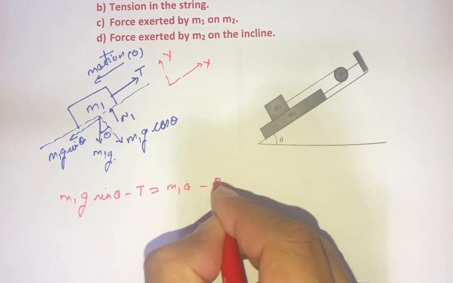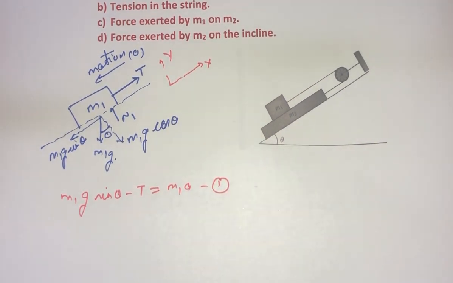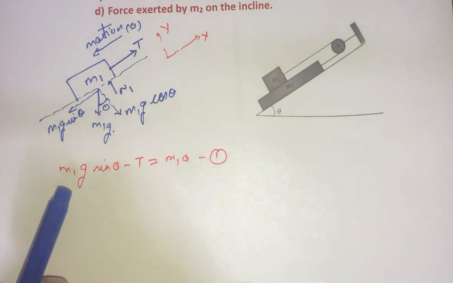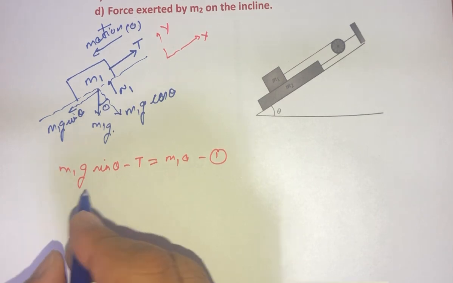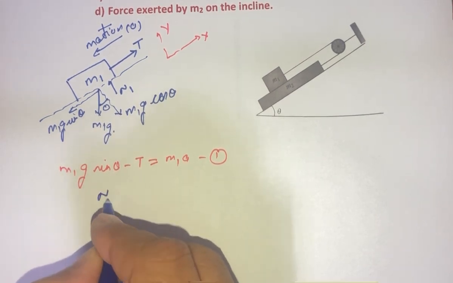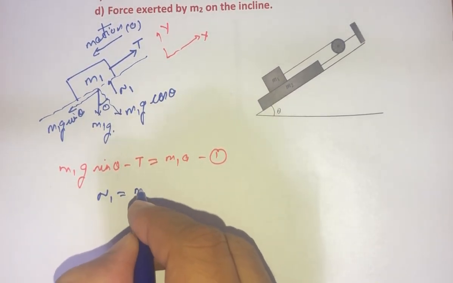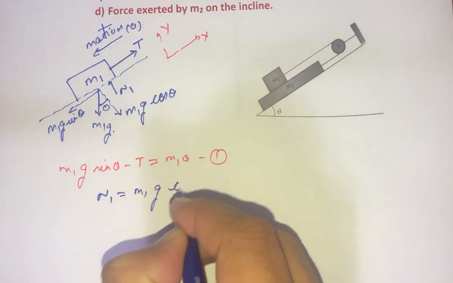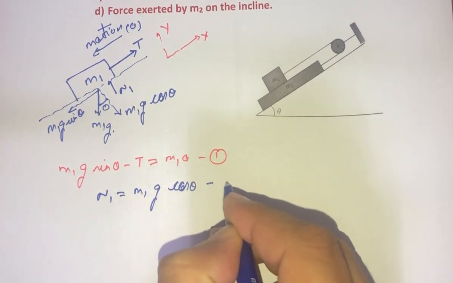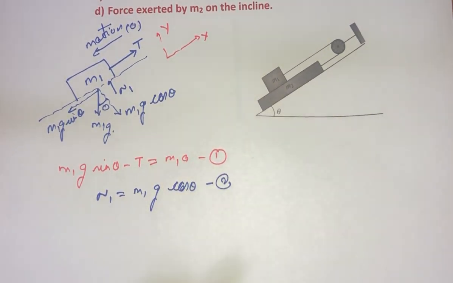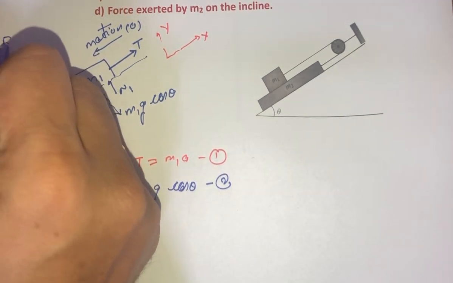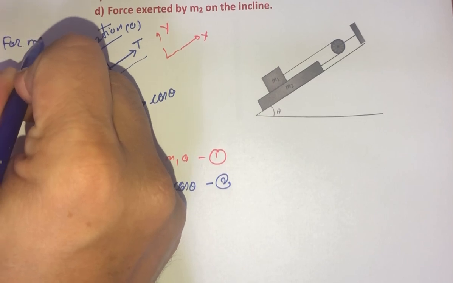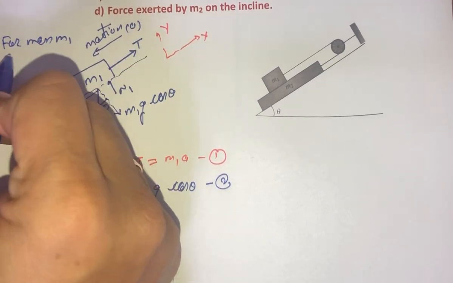Let us call this equation number 1. This was along the x-axis. Along the y-axis, n1 will be equal to m1g cos theta, and this is equation number 2. This is for mass m1.